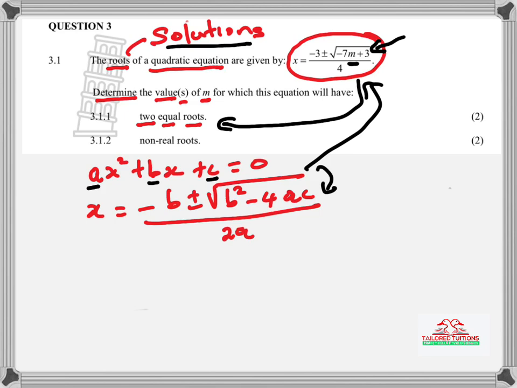It is because for us to determine the nature of roots, we use what? The discriminant, or what is under the square root in this quadratic formula. So this is how we indicate the discriminant. Indicate it with that delta sign. So this is our discriminant.